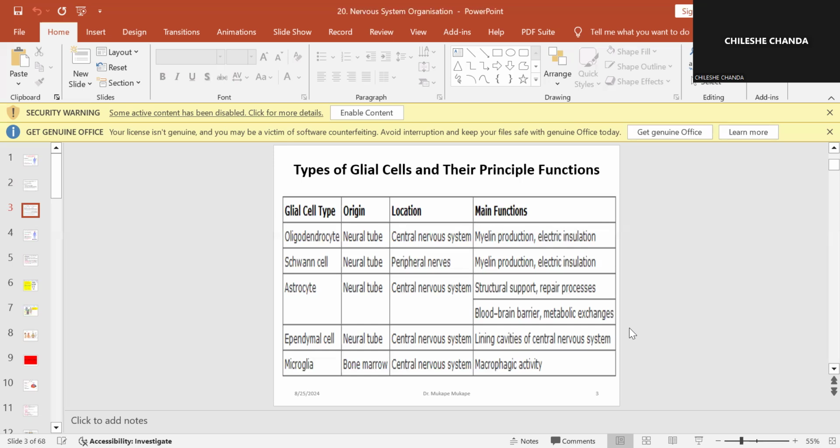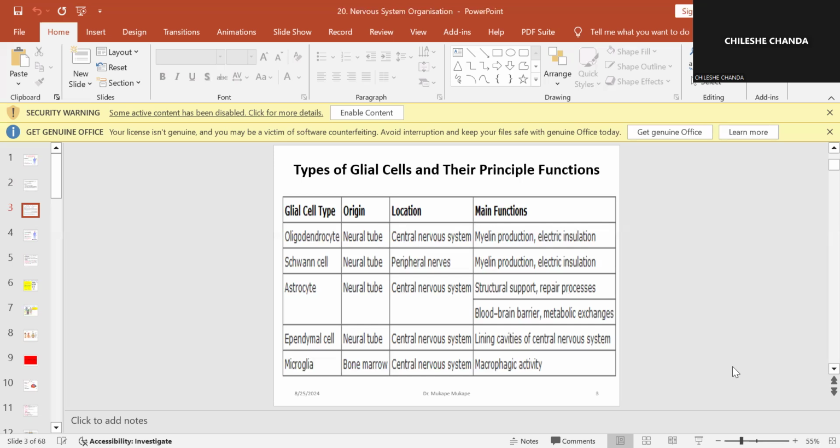And then we have the astrocytes. These are also derived from the neural tube, and they are found in the central nervous system. They have several functions, most importantly structural support.